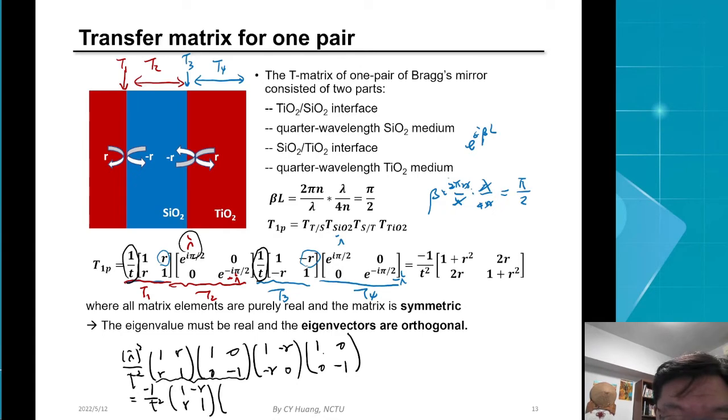And the second combination is 1 minus R, and the 0 goes in, and so plus R, sorry, plus R minus 1. Okay, so do it again, so it becomes T squared over minus 1 plus R squared, and 2R, and 1 plus R squared.